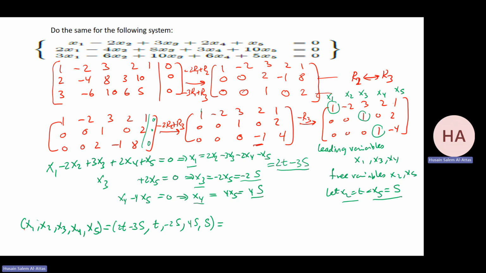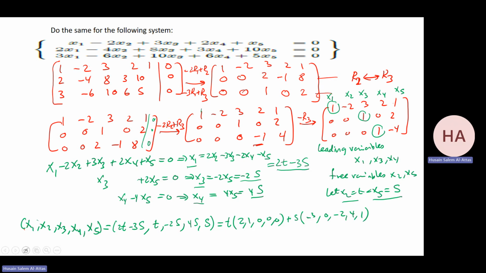So I take the t outside. I have 2, 1, 0, 0, 0. And if we take the s outside, I have minus 3, 0, minus 2, 4, 1.